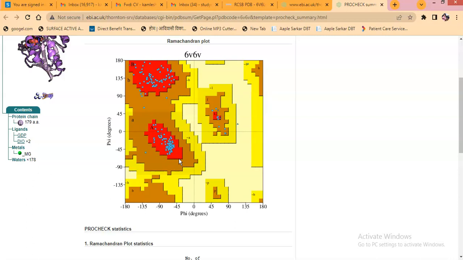It is a requirement of the protein that all amino acid residues must fall in this red area. It means that it's showing good psi and phi angles.